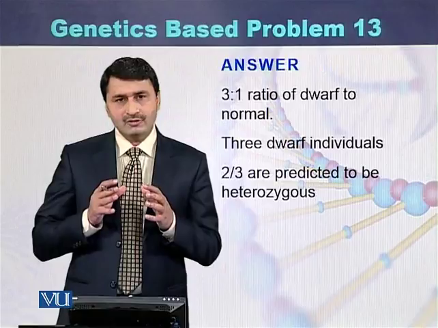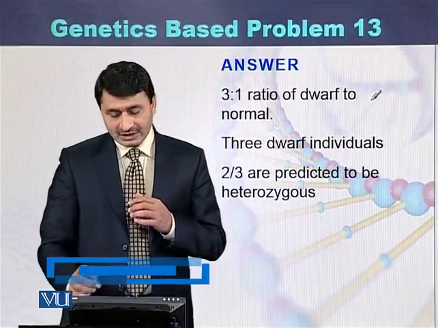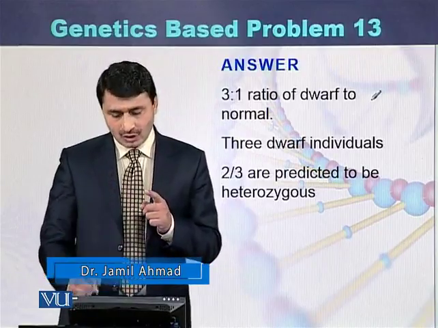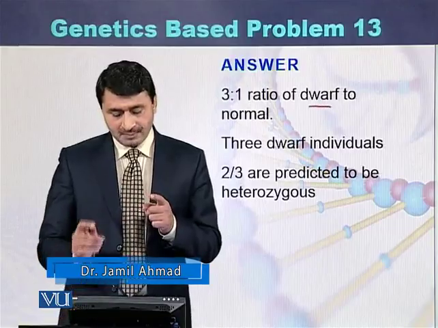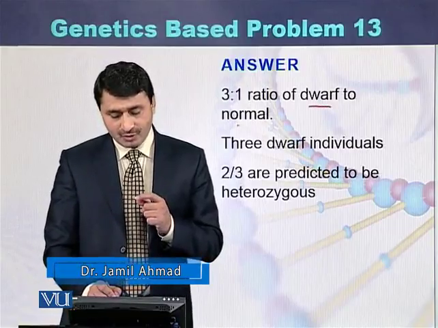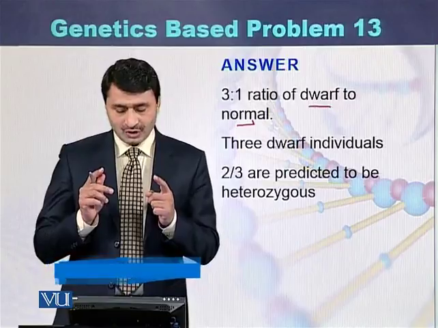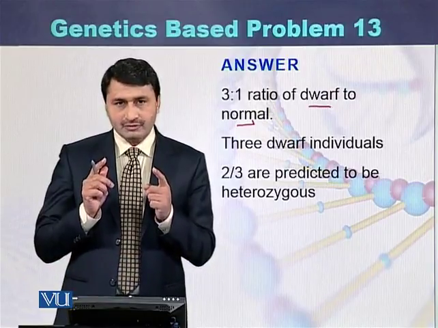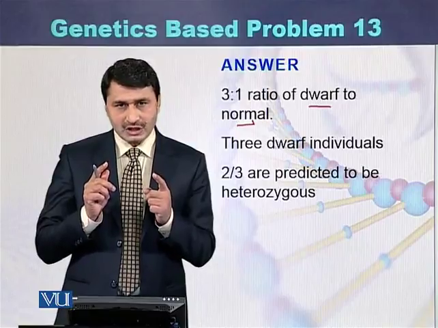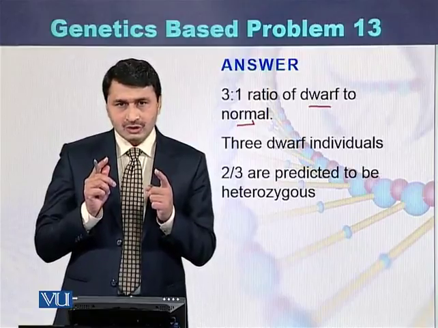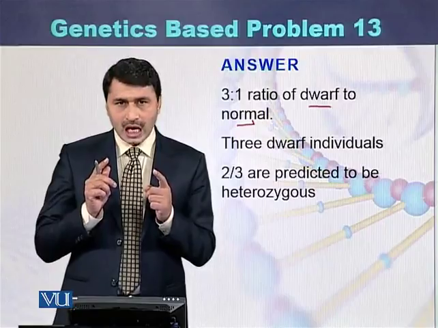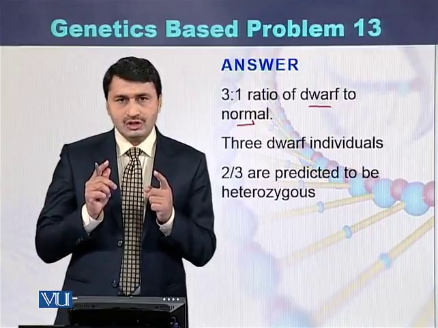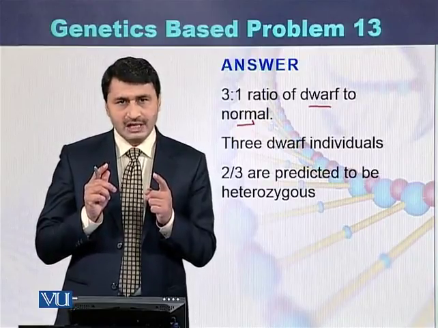As a result, there will be a 3:1 ratio: 3 would be dwarf and 1 would be normal. Out of the 3 dwarf individuals, the probability of heterozygosity is 2/3.